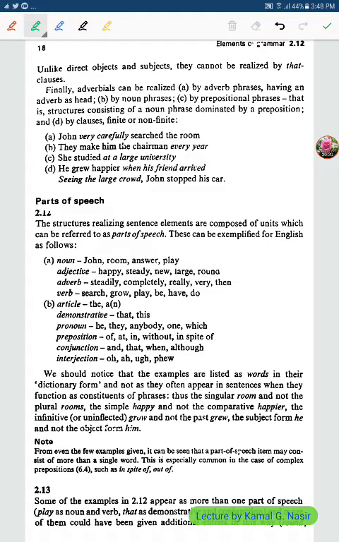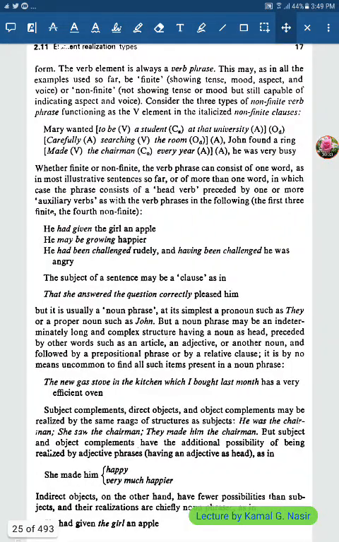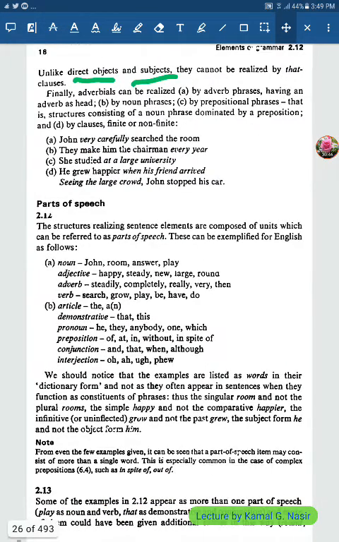Also, unlike direct objects and subjects, indirect objects cannot be released by that clauses. Indirect objects are not like the direct objects, because the direct objects can be released by what?